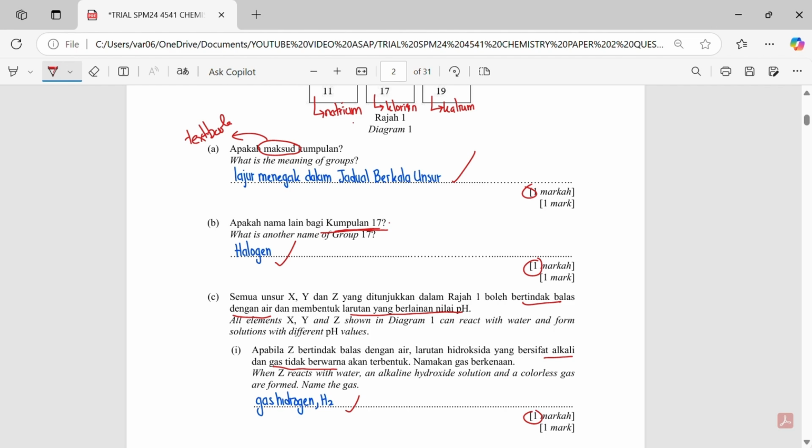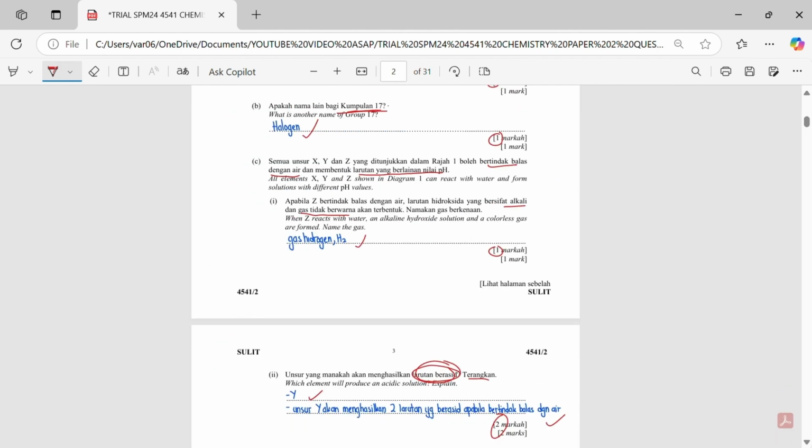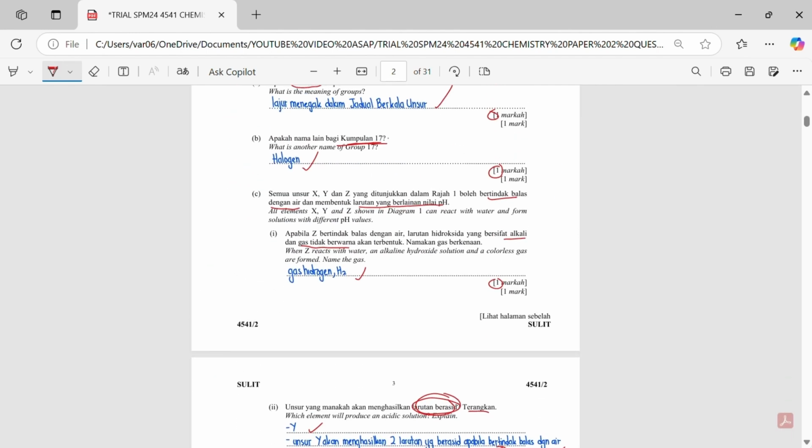Right? Okay. And this larutan hydroxide here, which is your kalium hydroxide, bersifat alkali, because kumpulan 1 juga dikenali sebagai logam alkali. Right? So from the name itself, you can already guess lah. Okay, kumpulan 1 juga dikenali sebagai logam alkali. Okay. Next.